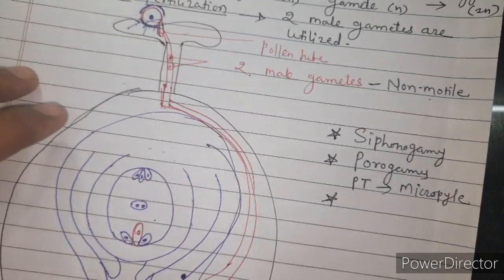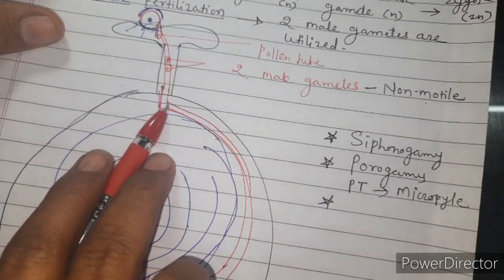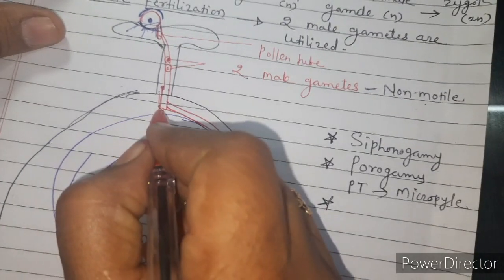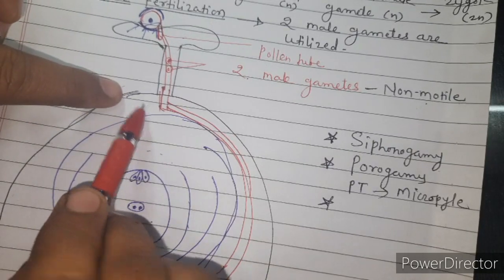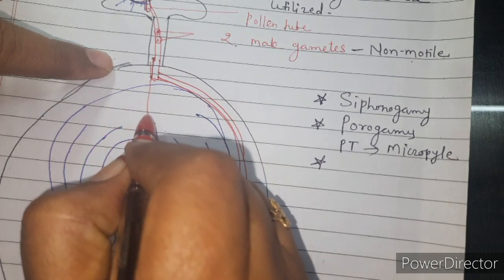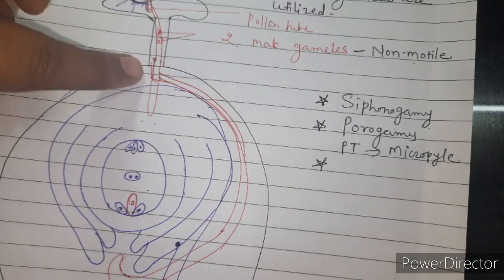Now, sometimes this pollen tube, instead of entering through the micropyle, enters here, at the chalazal end. The pollen tube enters directly through the chalazal end.